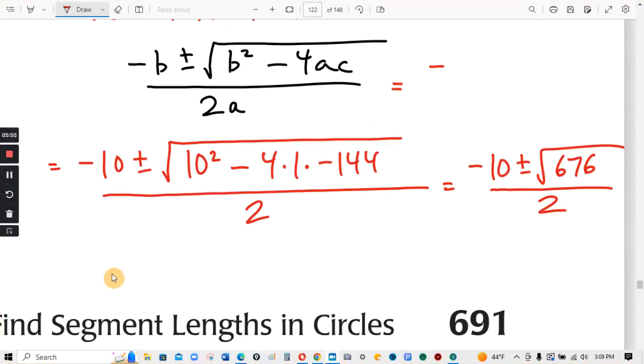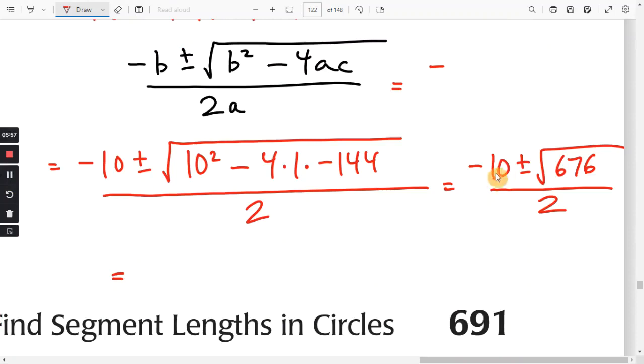Okay, let's see. We have negative 10 plus minus square root of 676 is just 26. And that's divided by 2. All right, negative 10 plus 26 is 16. And that's divided by 2.